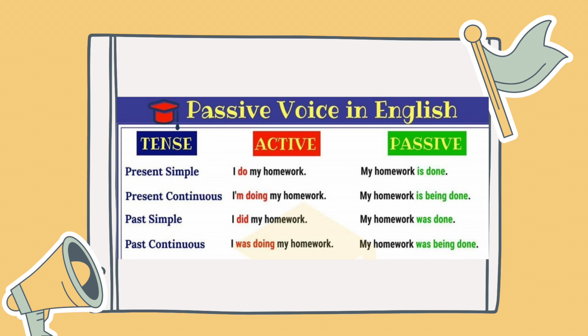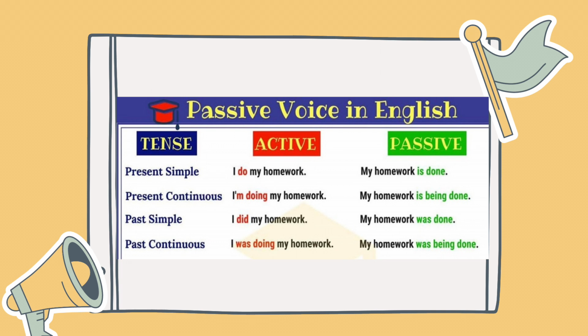Before we proceed to the worksheet, let us take a look at this note for your understanding and to have a clearer picture on passive voice with changes of tenses. Passive voice in English. There are 3 columns: tenses, active voice and passive voice. The first one is present simple.